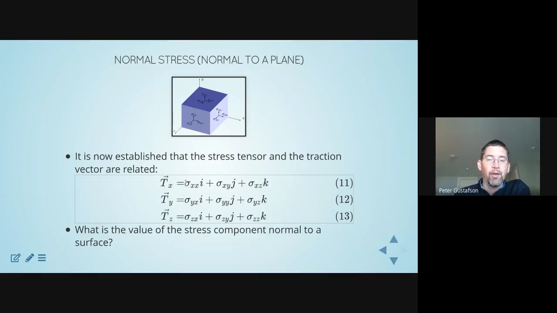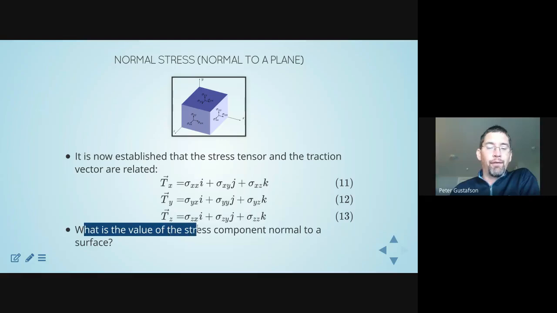This is going to be now equal to sigma xx times I, sigma xy times j, sigma xz times k. 3 vectors, each having 3 components, one with each direction. Now that's on an arbitrary surface with normal n. So a question is, what is the value of the stress component normal to the surface?